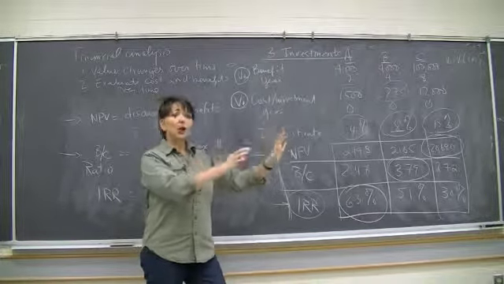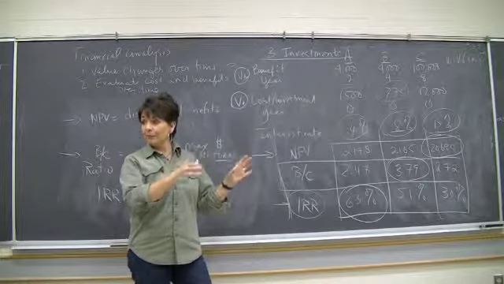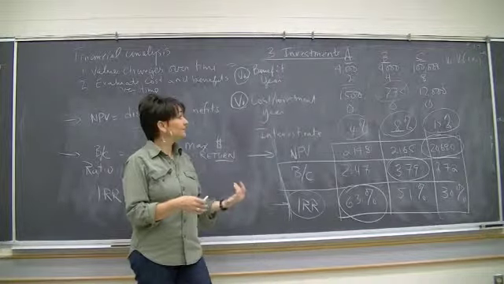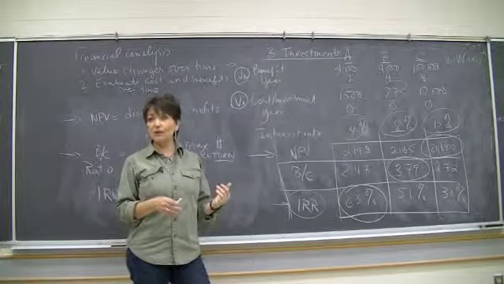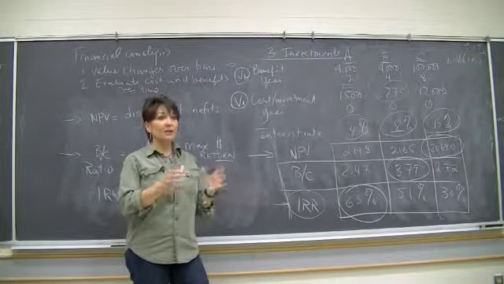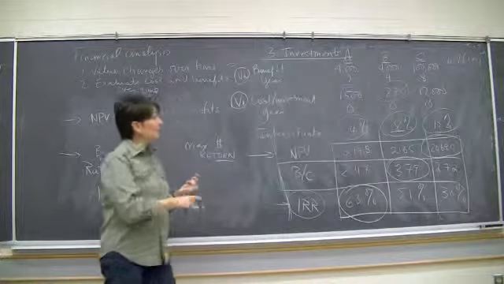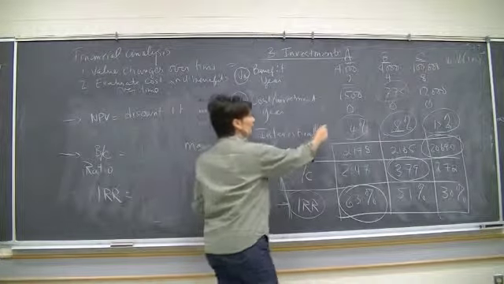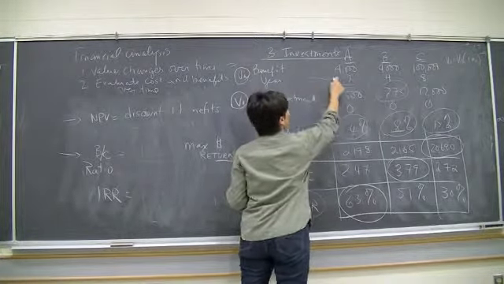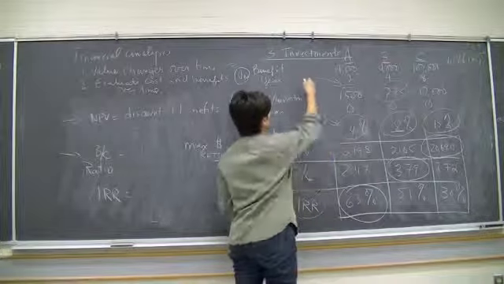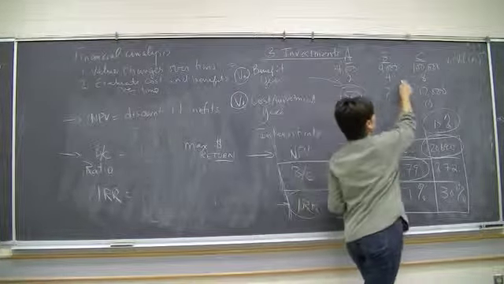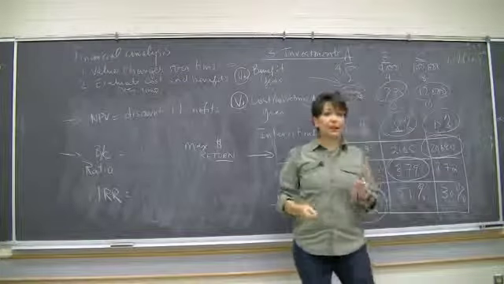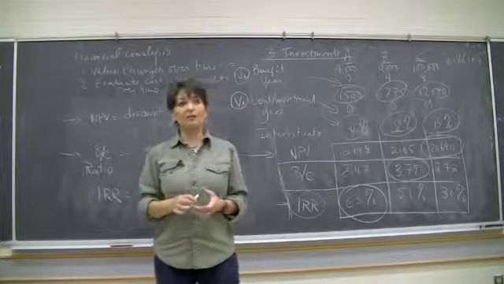You always want to push your costs out as far as possible because they become less valuable. If you can increase the benefits in the present, you want to do that. So you keep in mind all these different things: the interest rate, the timing of the returns and the investments, and also the size of the investments. Can you increase or decrease this to change your return?